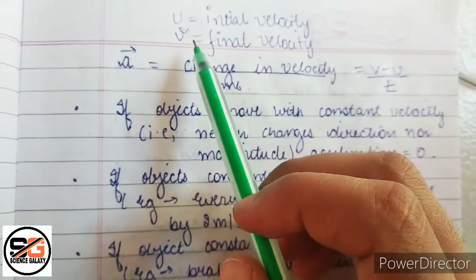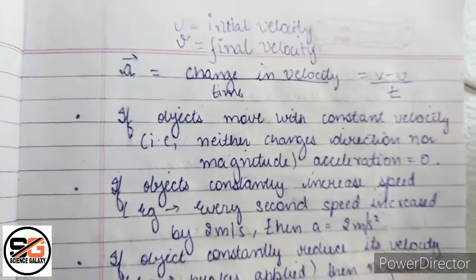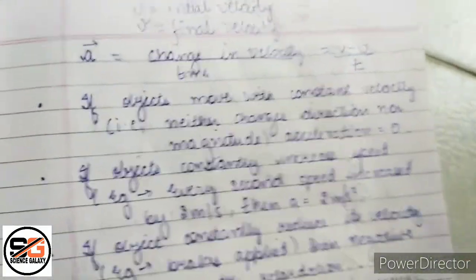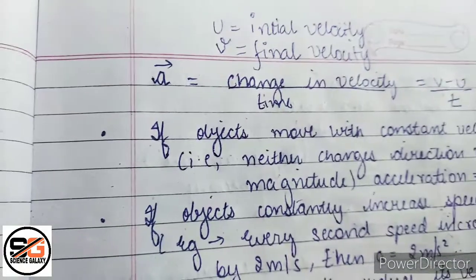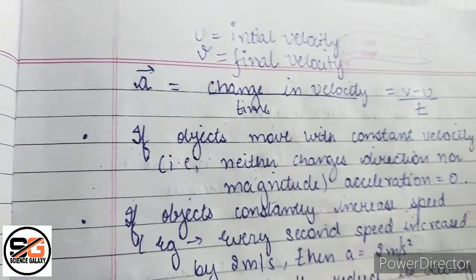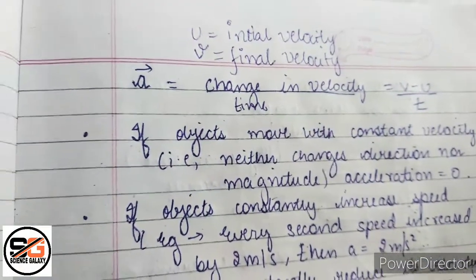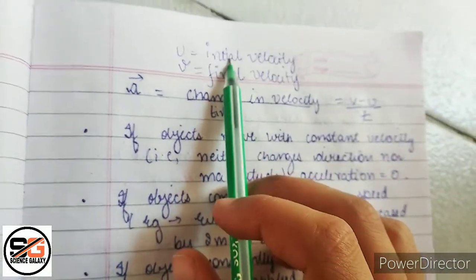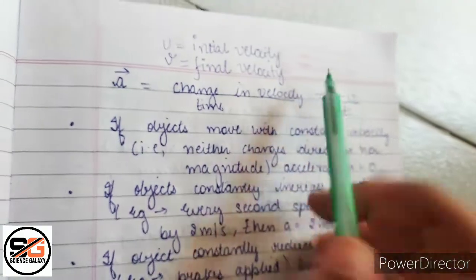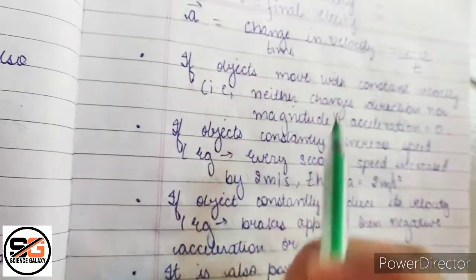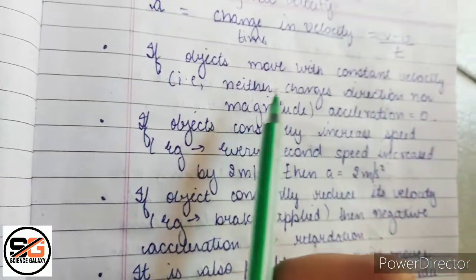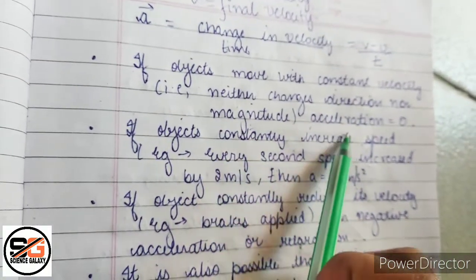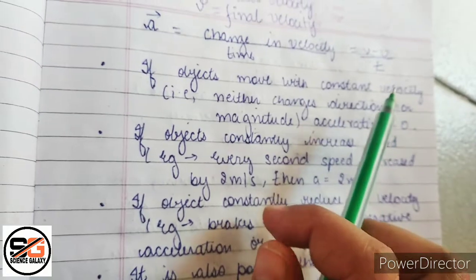If we are not changing our velocity, then the acceleration would come out to be 0, because acceleration is change in velocity upon time. If our initial and final velocities are the same, if v is equal to u, then acceleration would be 0.